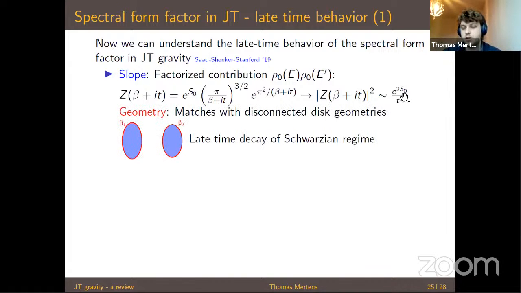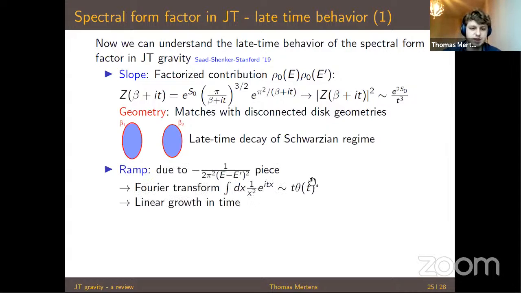In a log plot, this will be a linear decrease. As I mentioned, geometrically this matches two disconnected disk geometries. This is also the late time decay that we found in the Schwarzian regime. So the Schwarzian late time regime is this slope regime in the very late time behavior of the boundary 2-point function, or of the spectral form factor in this case.